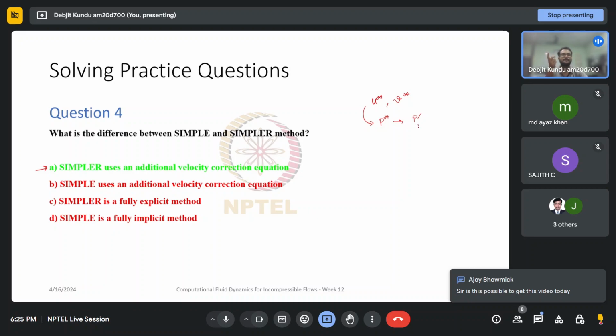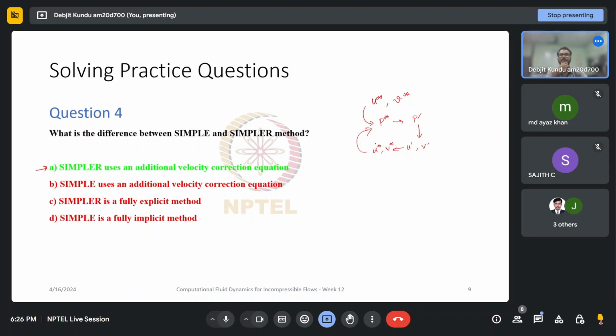We simply use it to find the velocity corrections and then add them to the guess velocity field. So these are added, and then again this loop goes on. So this additional velocity correction equation is solved in SIMPLER.